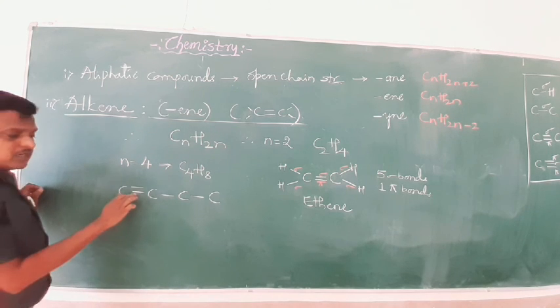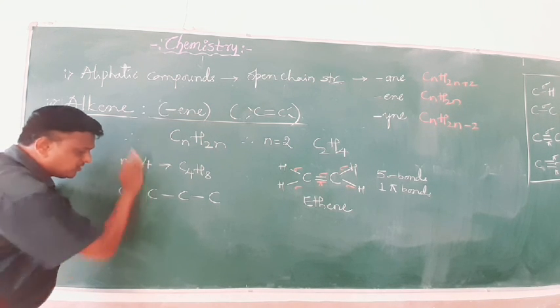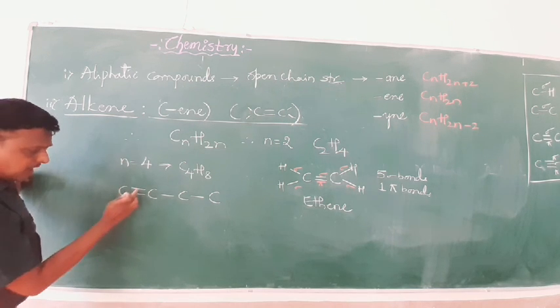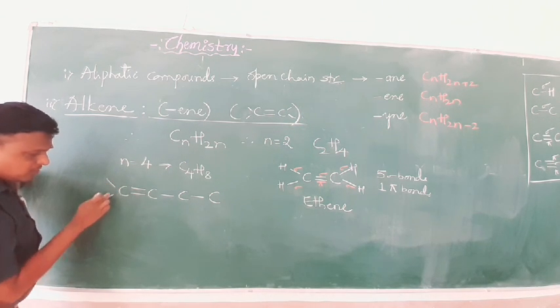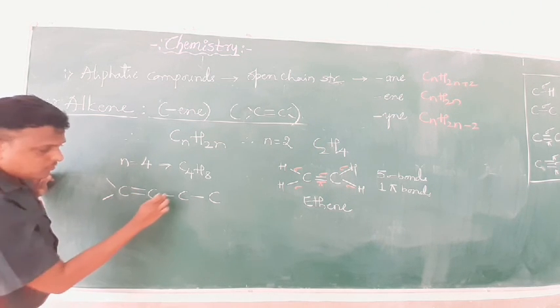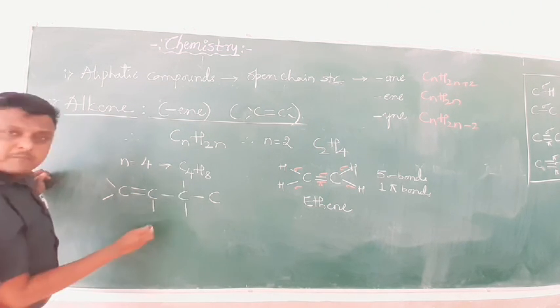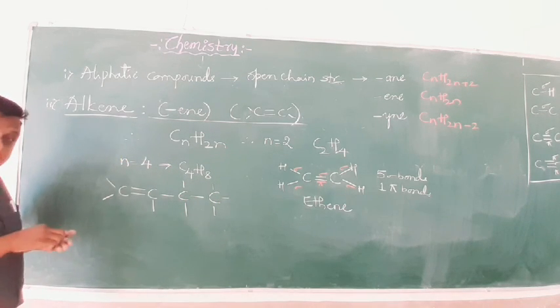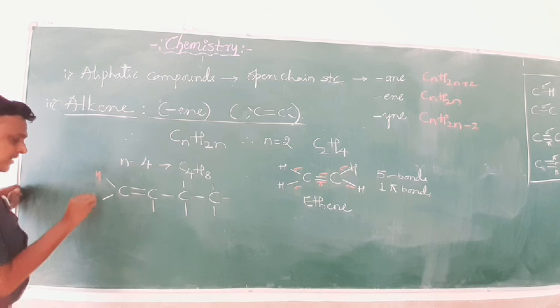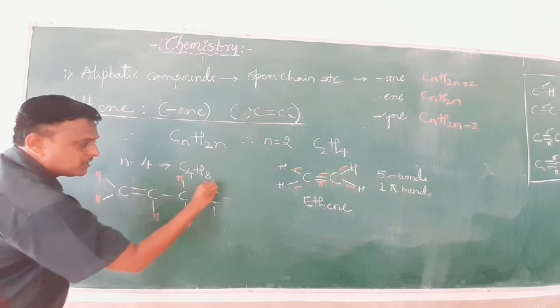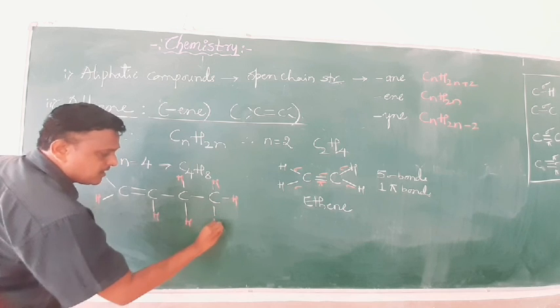So here it is butene. You can place the double bond here. The carbons with the double bond have their valences satisfied; you count totally 8 hydrogens: 1, 2, 3, 4, 5, 6, 7, 8.